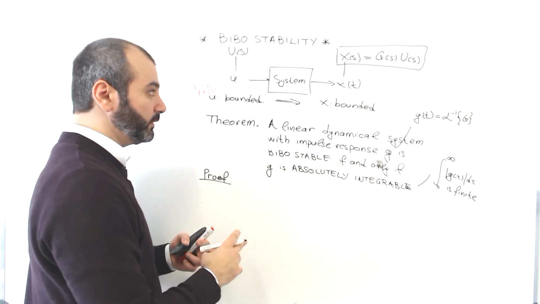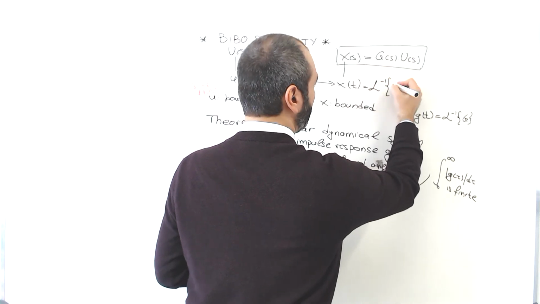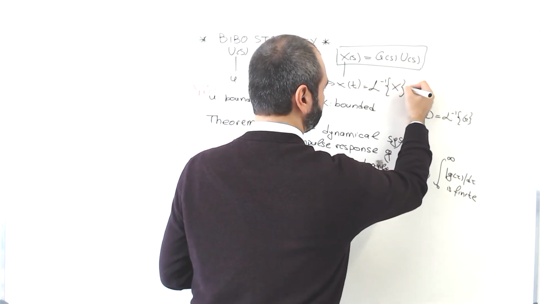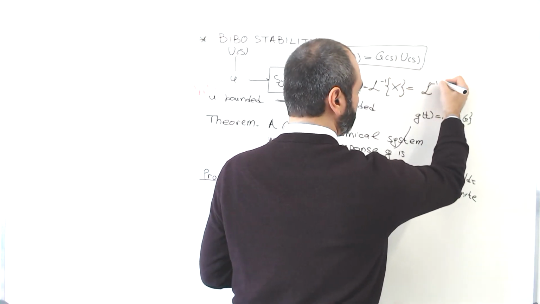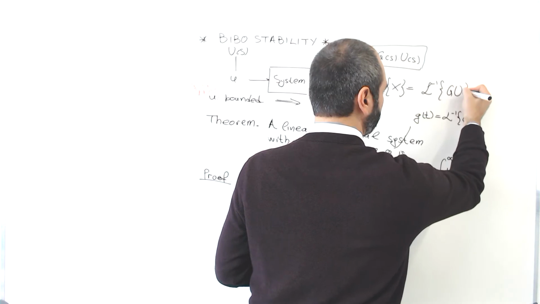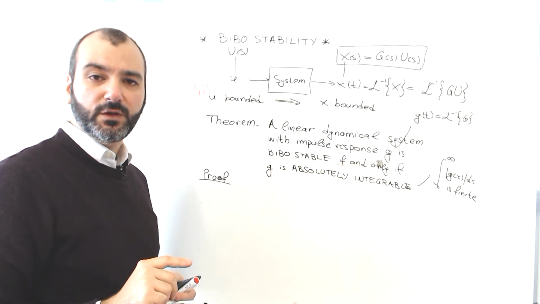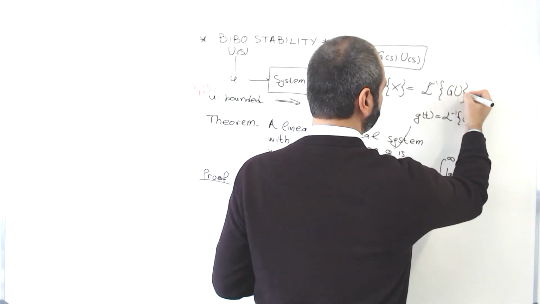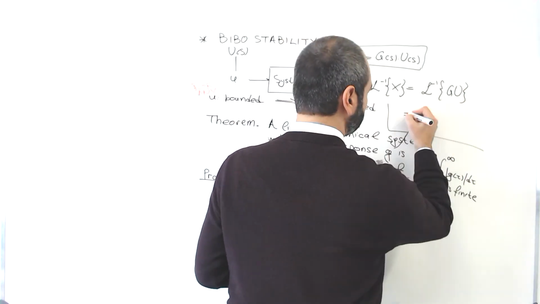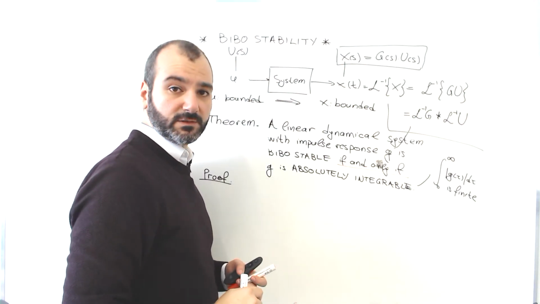X of t is the inverse Laplace transform of x. But x is g times u, so this is the inverse Laplace transform of g times u. And what is the inverse Laplace transform of a product of two functions? It is the convolution of the inverse Laplace transforms.